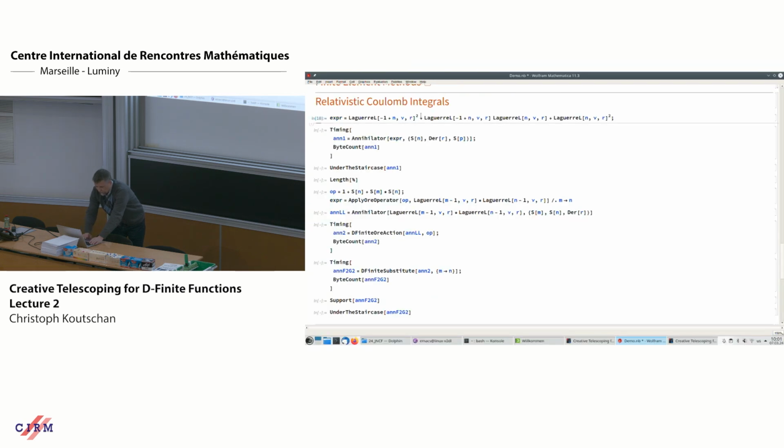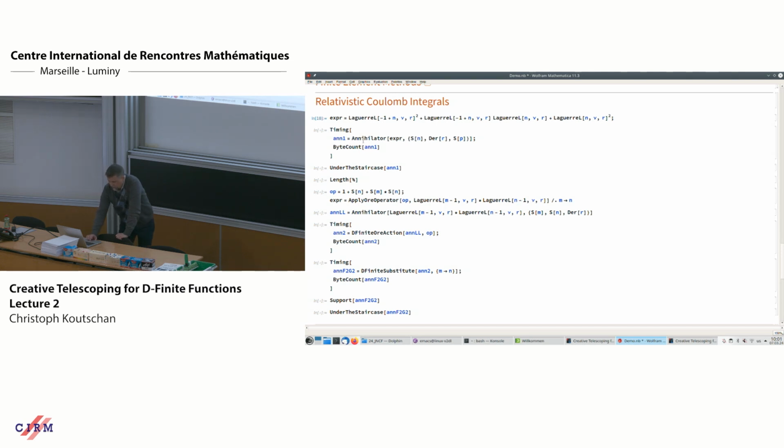If you compute this thing, I leave away all these parameters. I just set them to 1. So we want to find an annihilator for this expression: Laguerre of n minus 1 squared plus Laguerre of n squared, and the mixed term, n times n minus 1.